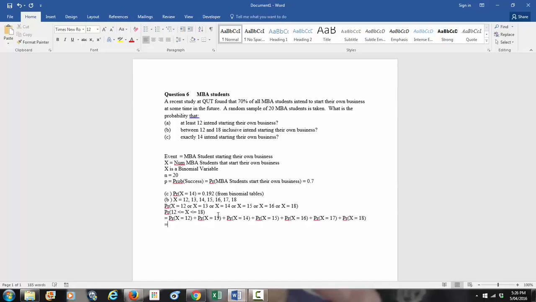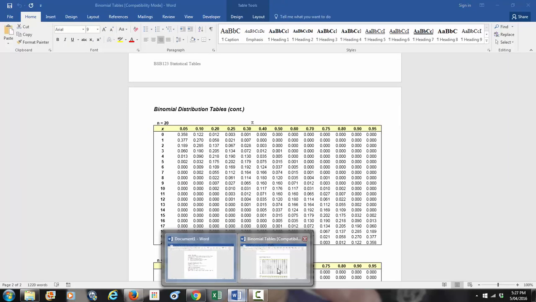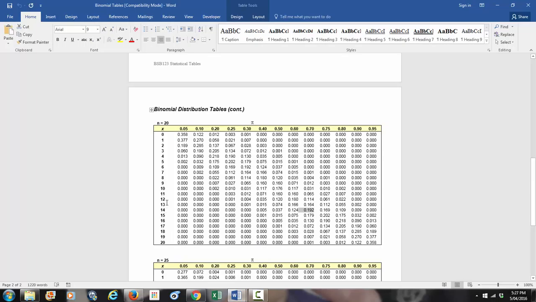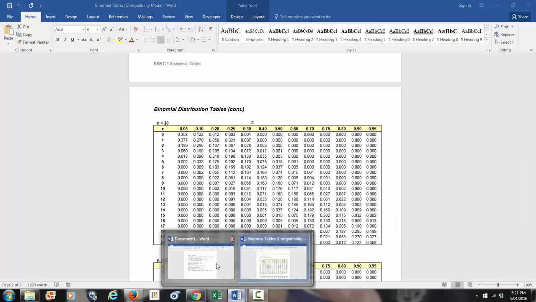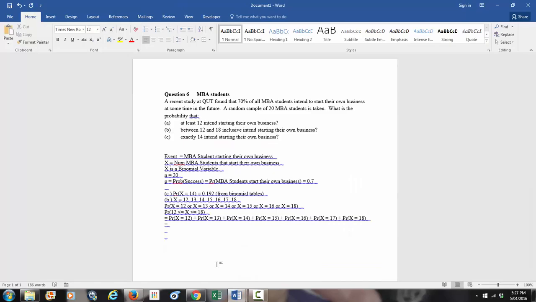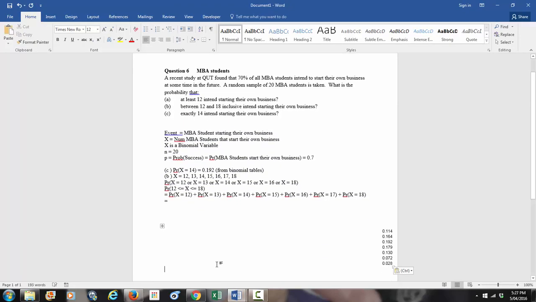Okay, so now we know how to get these individual values from the table. So we just go to the table here, and what we're going to be doing is starting at 12, and then adding up all the values down to 18, if I've lined that up correctly. So what I'm going to do is just take a copy of this, and let's just dump these values down here.